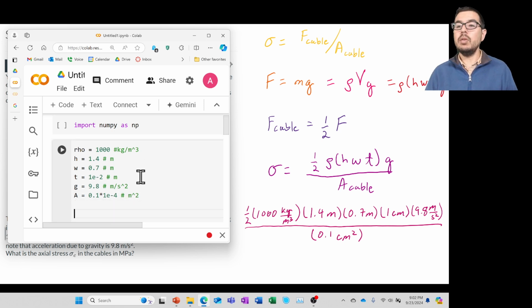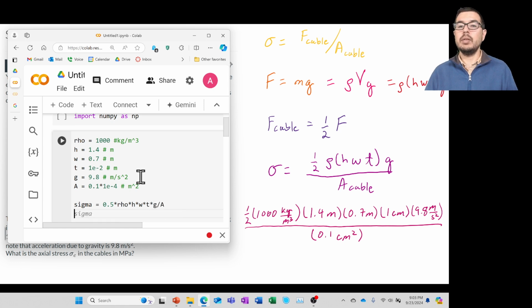Okay, so now we can write out that sigma is equal to 0.5 times rho times height times W times T times G divided by A. And we can write that sigma is going to be equal to np.round, and we'll plug in sigma.